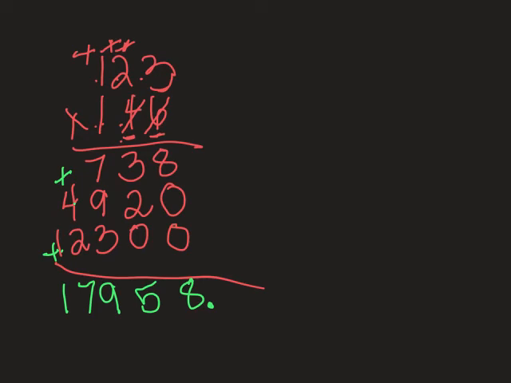But I have to look back up at my original problem, which was 12.3 times 1.46. Now I need to count how many digits are to the right of the decimal point in the two numbers that I multiplied.